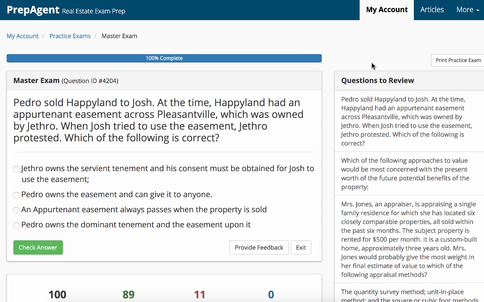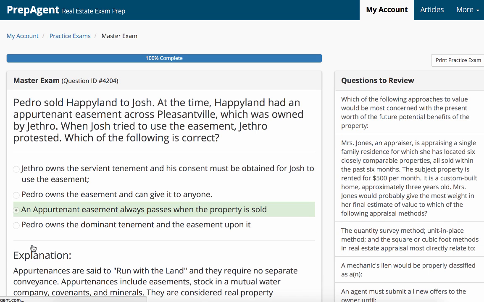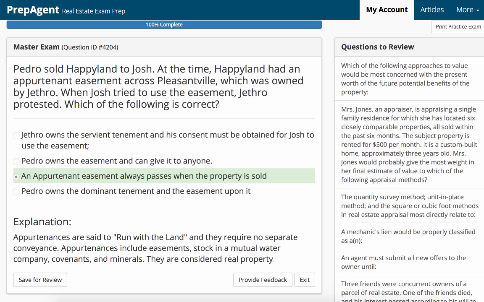Okay, I guess I don't know the term. So an appurtenant easement runs with the property. Do you see this one here? Yes. Okay, so that one's a little tricky. There's a lot of information you don't even need. It's just basically asking you, do you know what an appurtenant easement is? Let's save that one and we'll go back to it, okay? Okay.